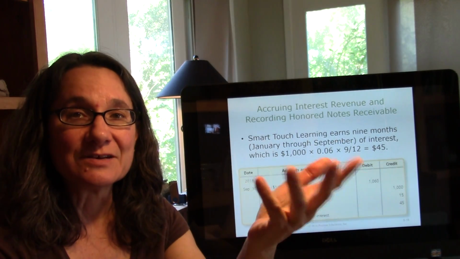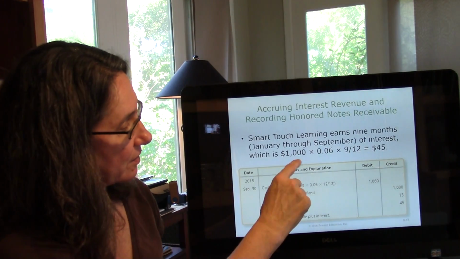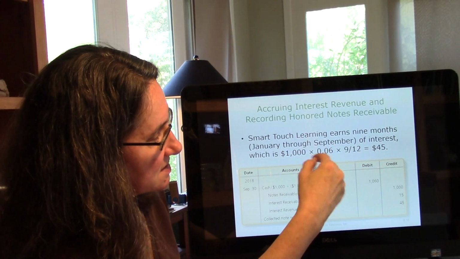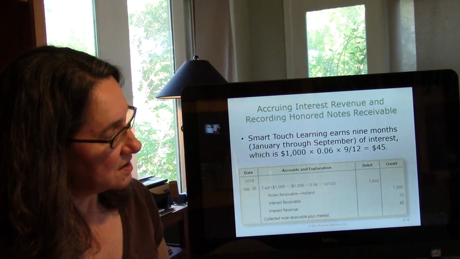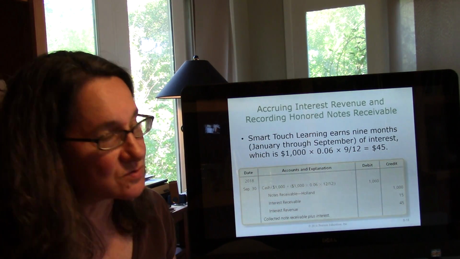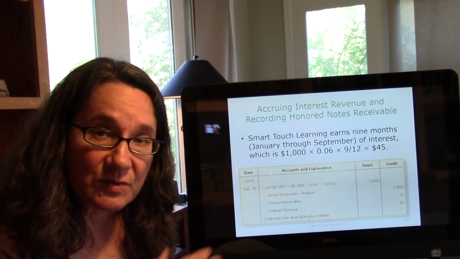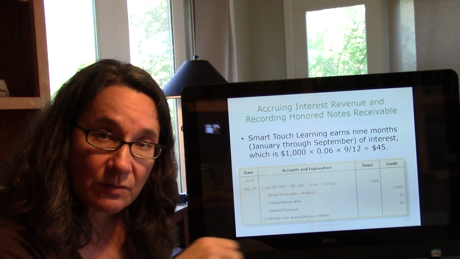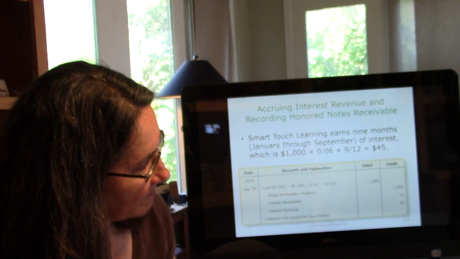So we know it's a year, $60 minus 15, we know it's 45. But, obviously, to keep it consistent, 1,000 times 6% times 9/12 equals $45. So that's how much interest she owes you since January. The $15 was for the end of last year. Now you've got the rest of this year. So she owes you $45.